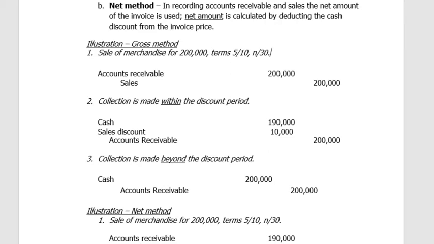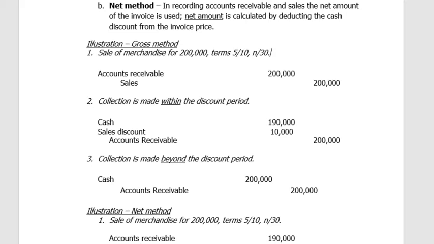Under the gross method, this is common and widely practiced, at mas simple siya compared to the net method. Kaya kung papansinin mo, ganito yung ginagawa mo on your previous recordings on your basic accounting. You debit accounts receivable and then you credit sales 200,000, the recognition of the sale of merchandise.